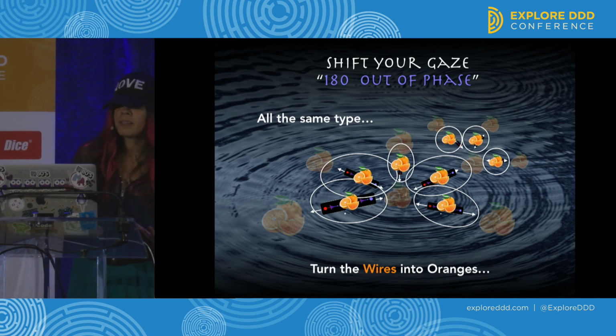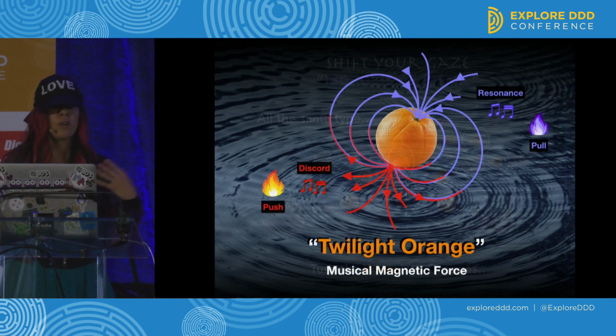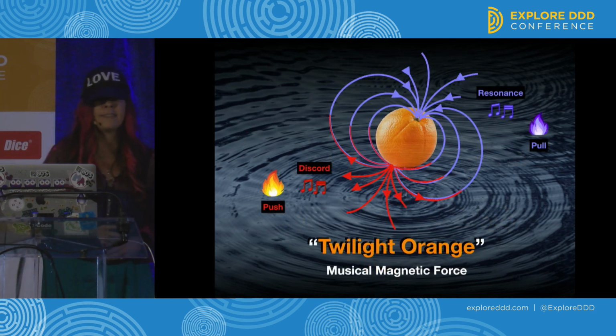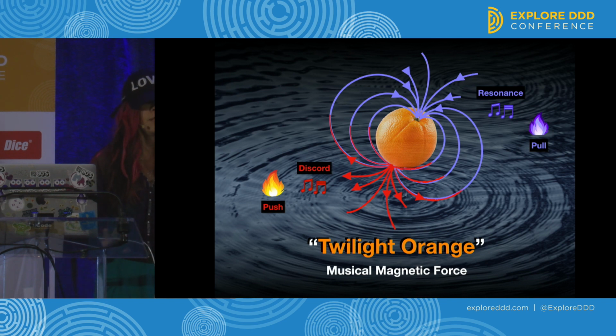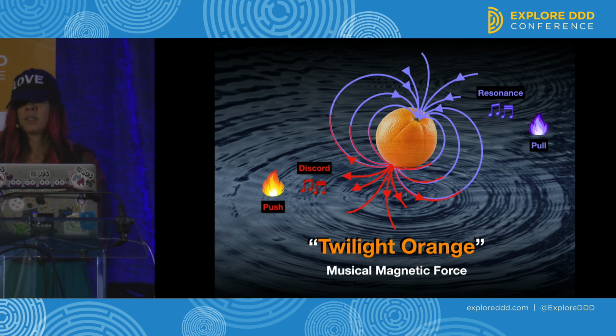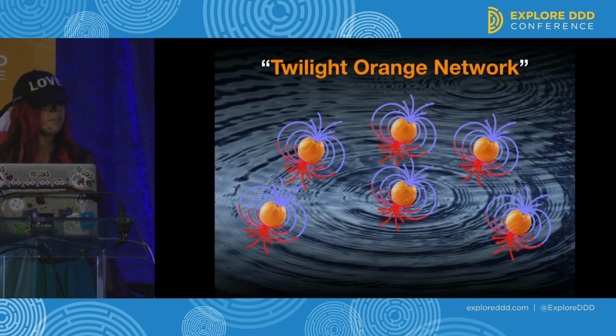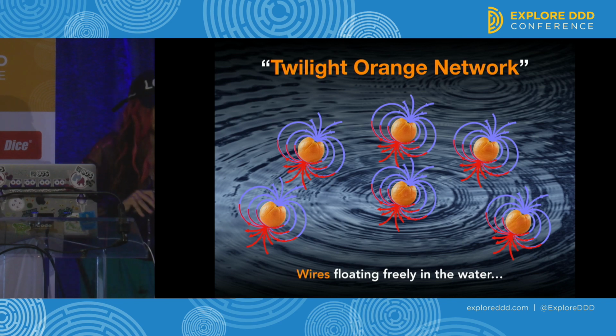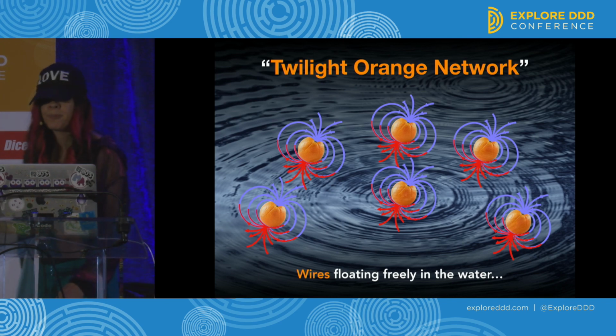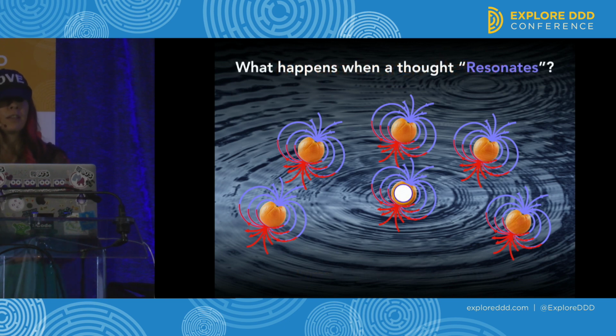And so this is where I got this concept of an abstraction of a twilight orange as this musical magnetic force that allows for push and pull based on the amount of discord or resonance. So take these twilight orange wires and imagine these wires floating freely in the water, so they can move around in space. So what happens now when a thought resonates in Sally's brain?